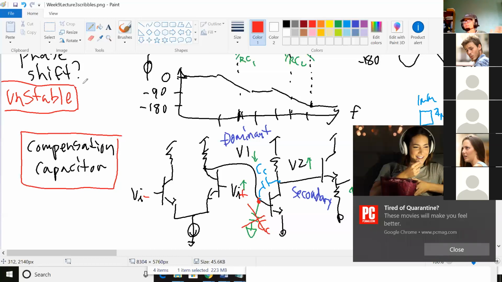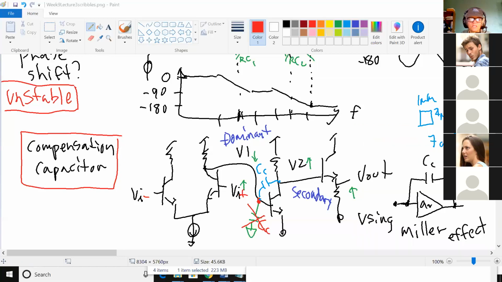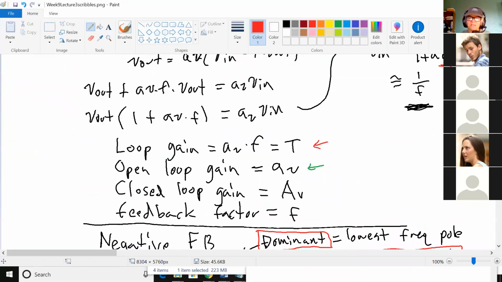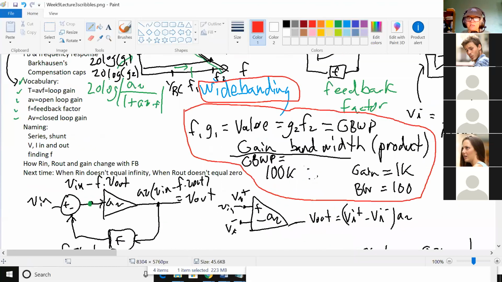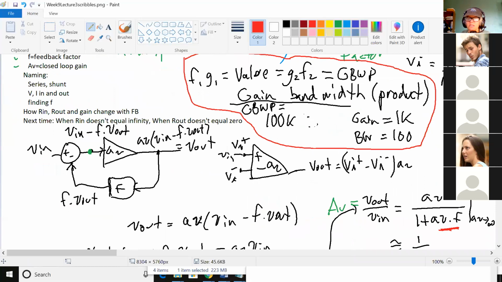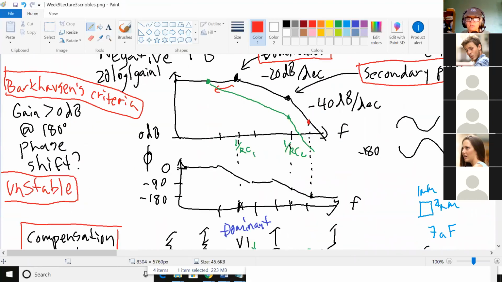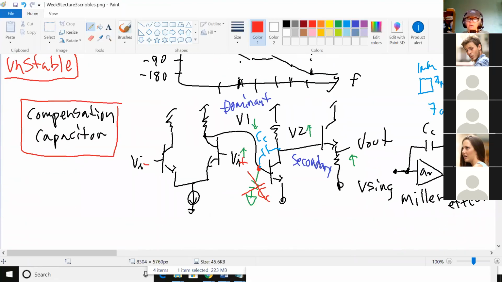Now, all the words that I circled in red, those are pretty much the vocabulary you need for discussing op-amps and feedback. So any questions on anything that went on here?